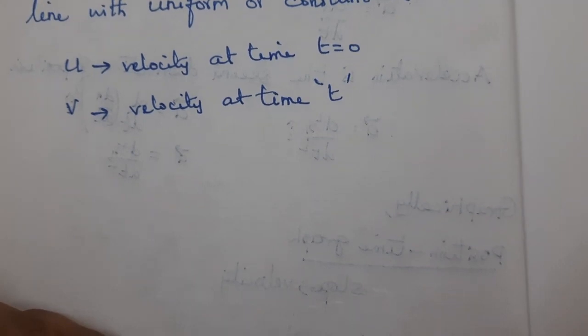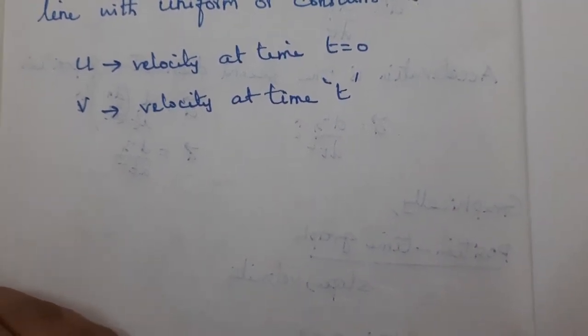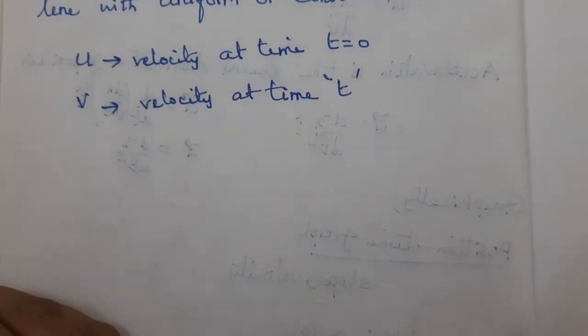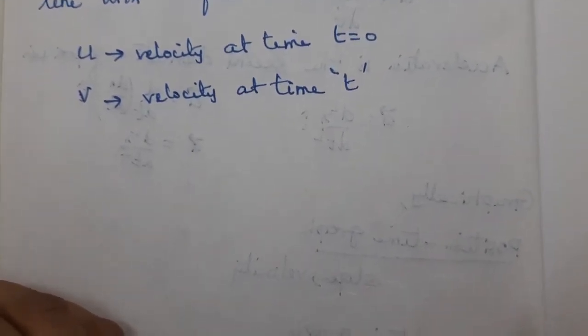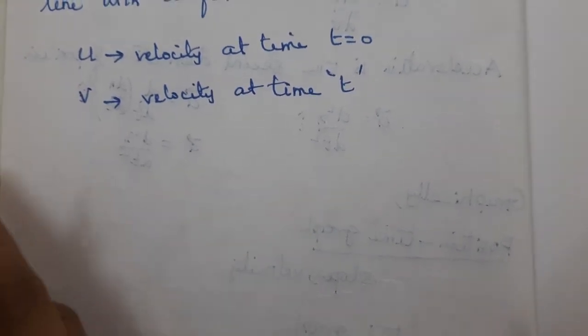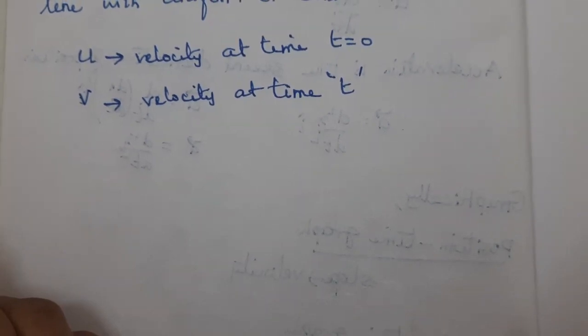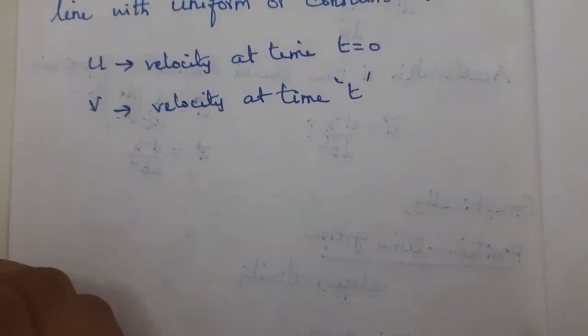Already you have learned these equations of motion: v equal to u plus at, s equal to ut plus half at square, v square equal to u square plus 2as. Isn't it? That equations we are learning by calculus method. We are using integration and differentiation, and we are getting those relations.